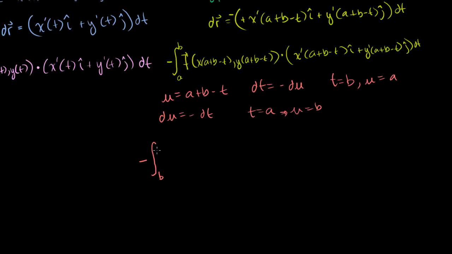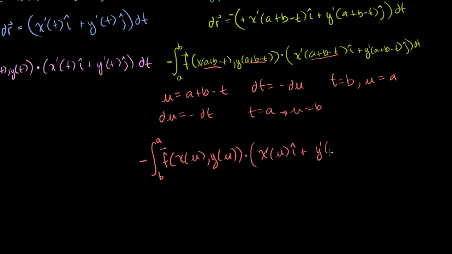The integral from u equals b to u equals a of f of x of u, y of u, dot x prime of u i plus y prime of u j.